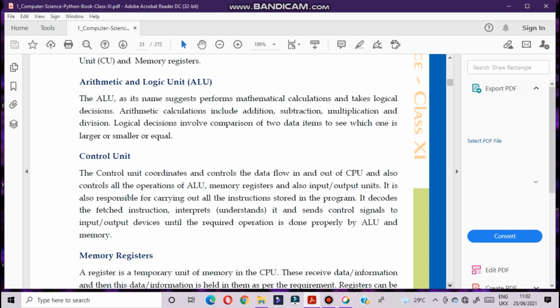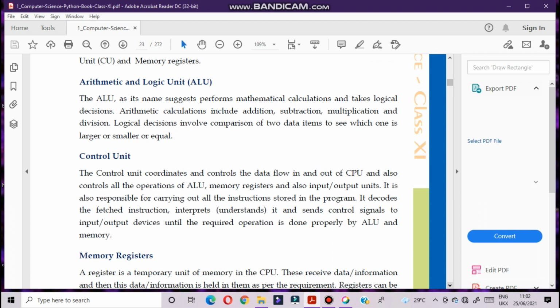It decodes the fetched instructions, and interprets means understands them, and sends control signals to input or output devices until the required operation is done properly by the ALU and memory unit.